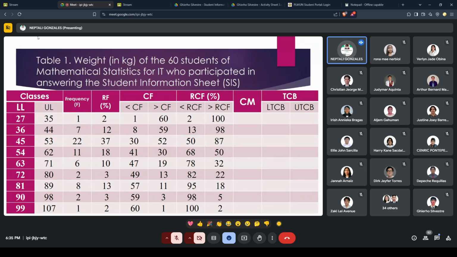So we are about to finish constructing the frequency distribution table. Next is the true class boundaries. It's easy to compute first. The TCB or the true class boundaries. There are two: lower true class boundaries and upper true class boundaries.